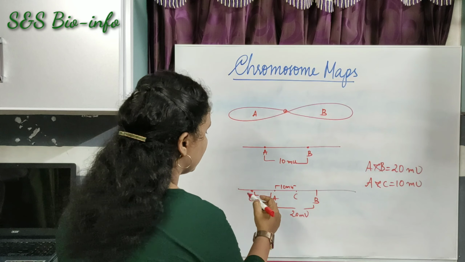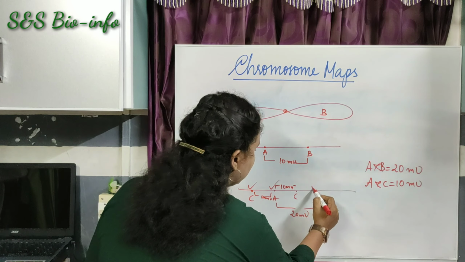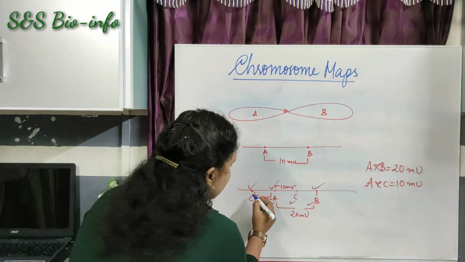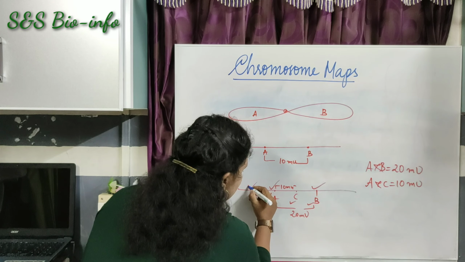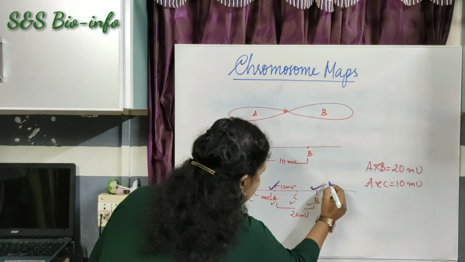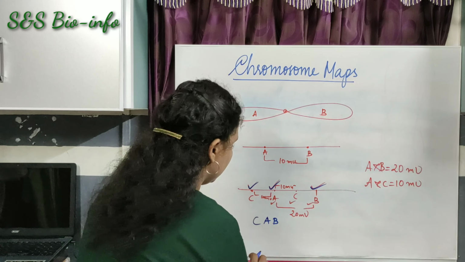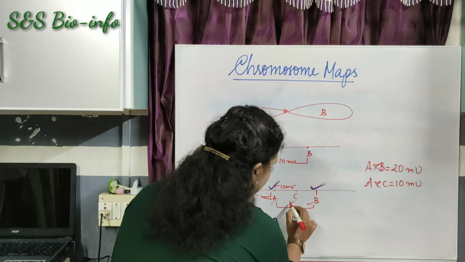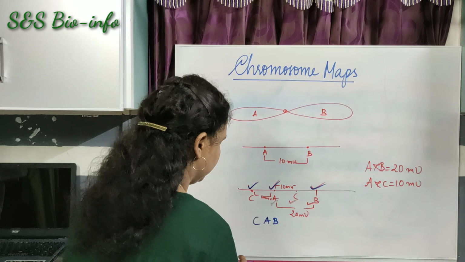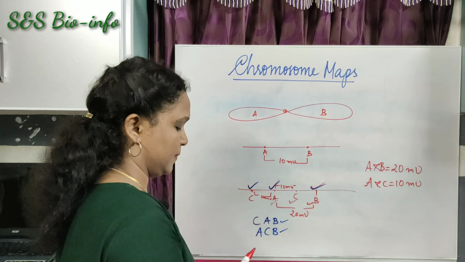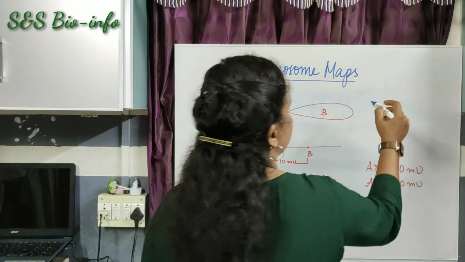See here the combination C, A, B. Look at here, there are two options. C, A, B. Another option, A, C and B. Two options. So it can be represented like this.